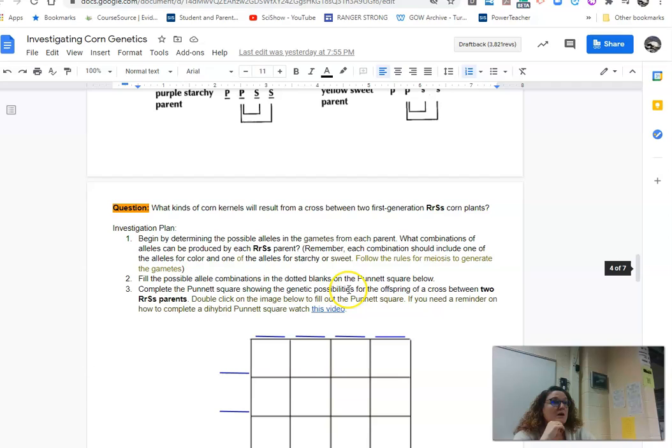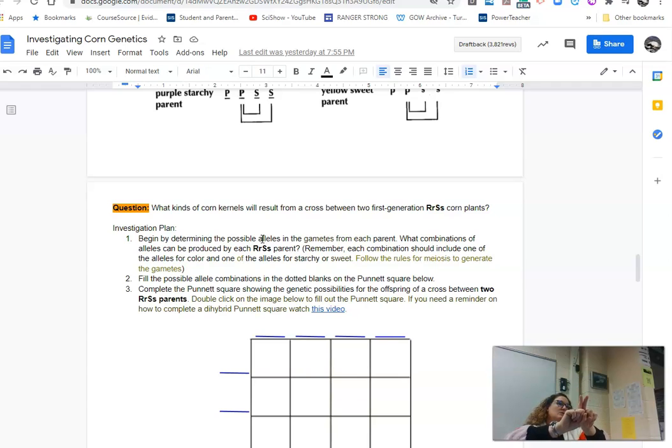All right. So with these dihybrid crosses, there is a video there. But essentially, remember, it's this idea of, what do you call it in math? Distribution. So remember that this R and this R are on homologous pairs. So the big R might be on this chromosome and the little r on this chromosome.